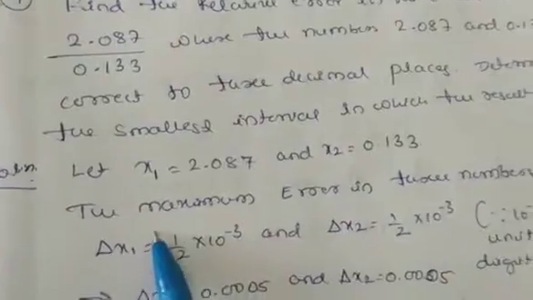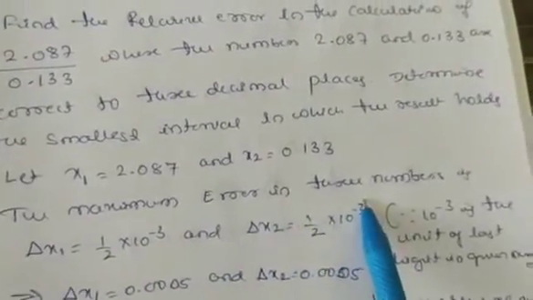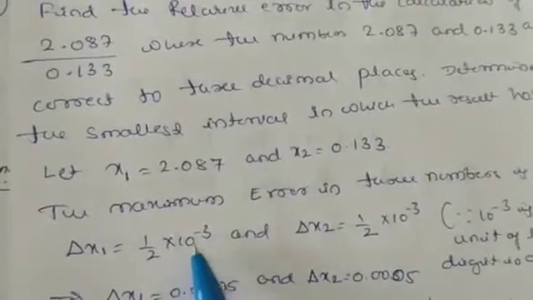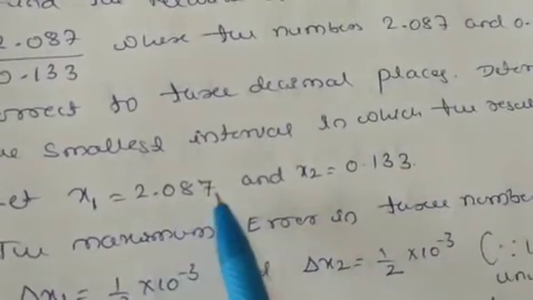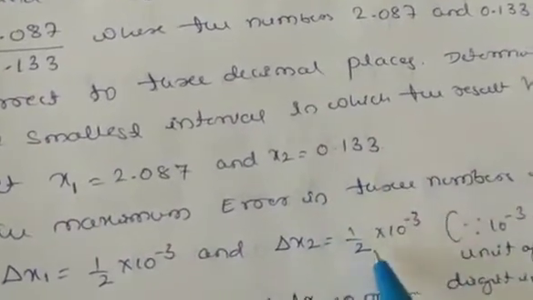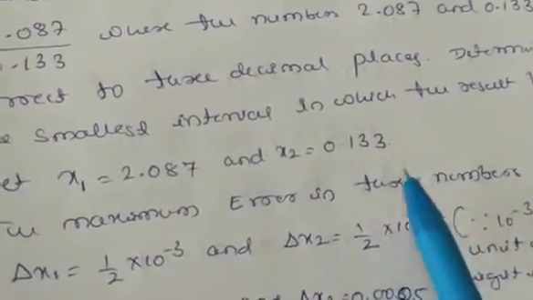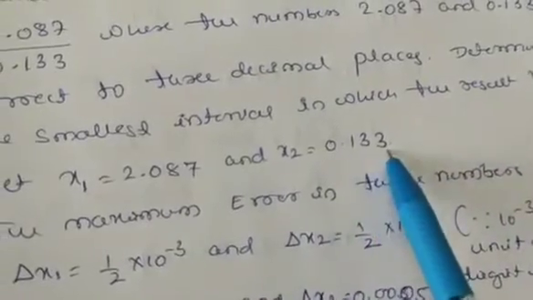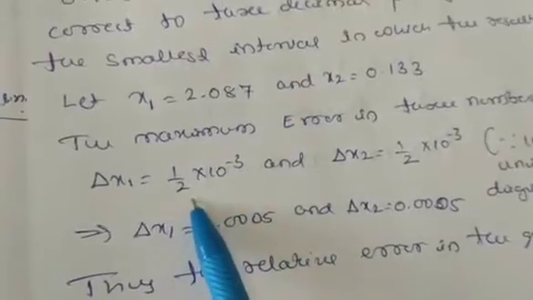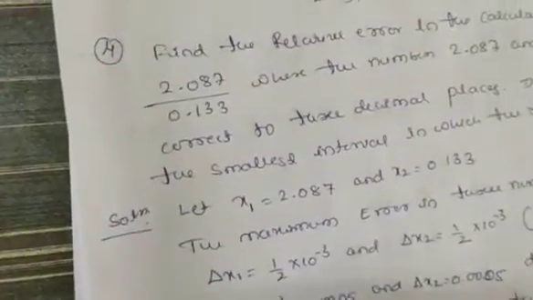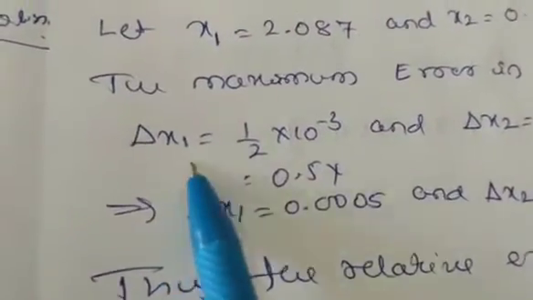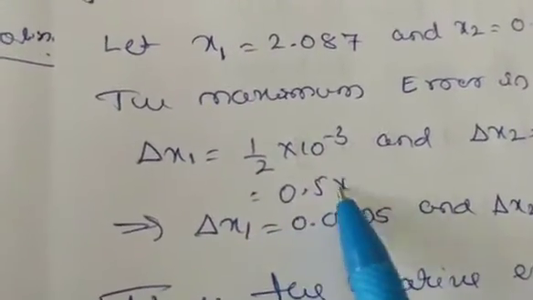Now the maximum error in these numbers is delta x1. Delta x1 is 1 by 2 into 10 raised to minus 3, because the last digit is at 10 raised to minus 3. And delta x2 is also the same, 1 by 2 into 10 raised to minus 3, because it also has 3 digits after the decimal point. 1 by 2 is 0.5, so delta x1 is 0.5 into 10 raised to minus 3.